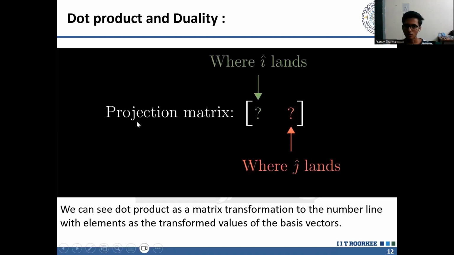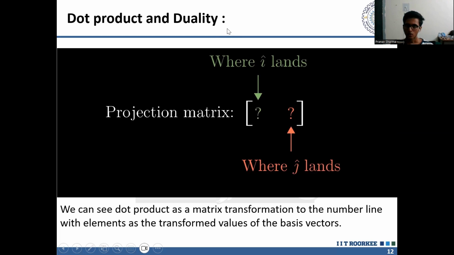Now, we know from the previous slides that for any matrix transformation of this form, the first column gives the information of where i cap will land, and the second column gives the information of where j cap will land.